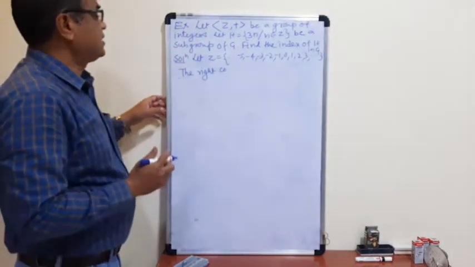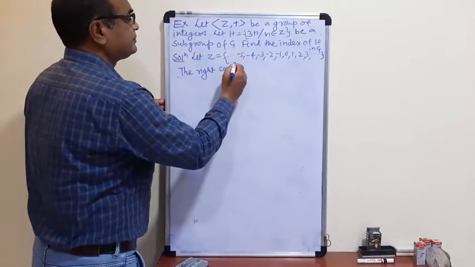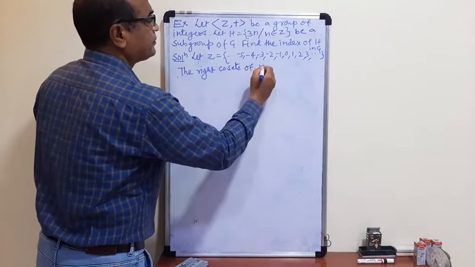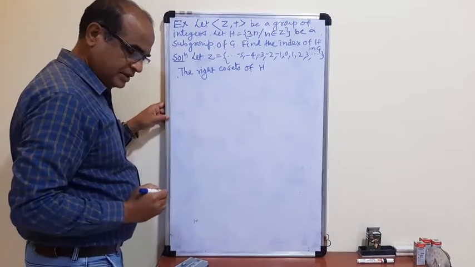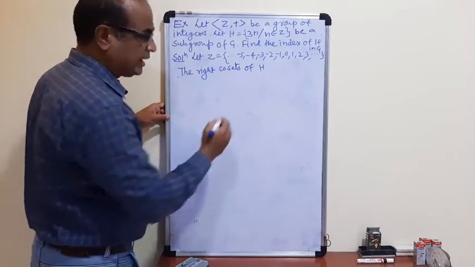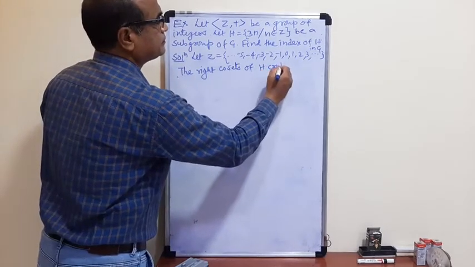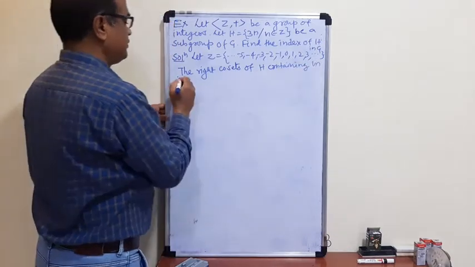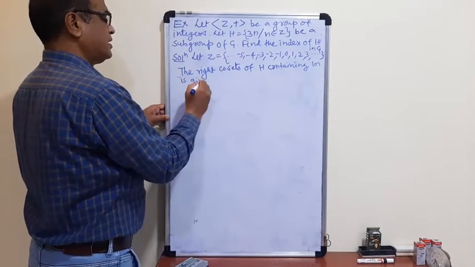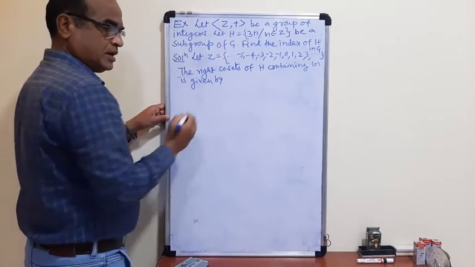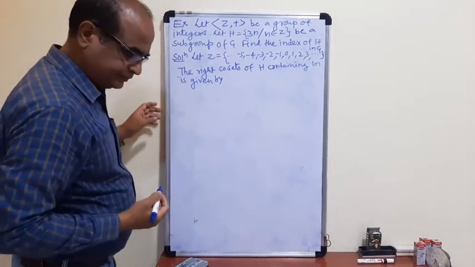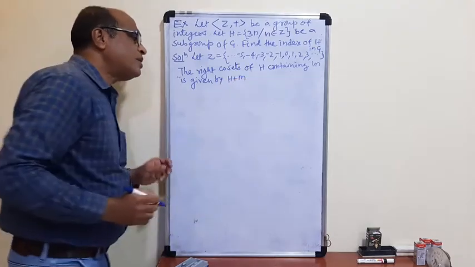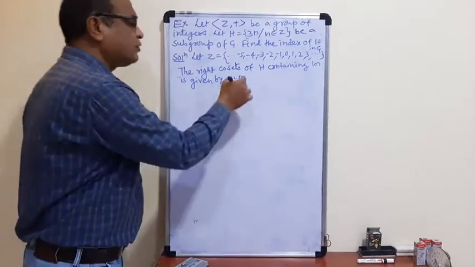The right coset of H containing M is given by H plus M. So this is the right coset.